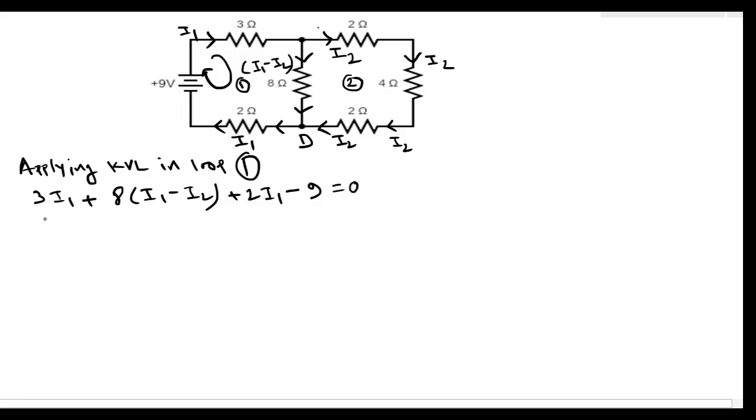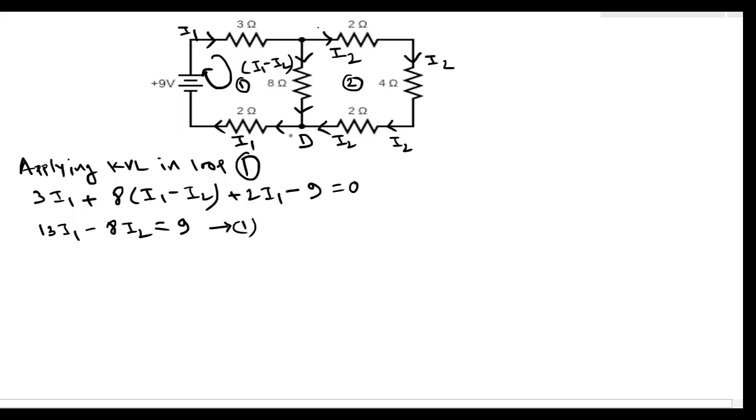We can simplify this: 3 I1 plus 8 I1 plus 2 I1, that is 13 I1, minus 8 I2 is equal to 9. Let's say this is equation number 1.